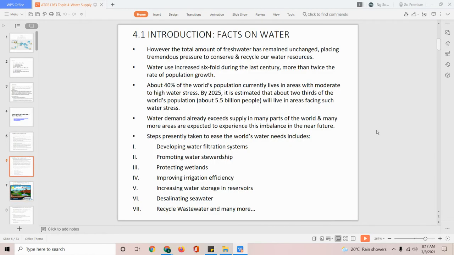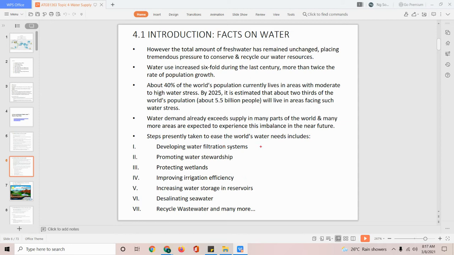That's why we need to have steps taken in order to ensure that we do not run out of all this fresh water. So these are the few steps that we can take to ensure that in the future to come we still have water to use.